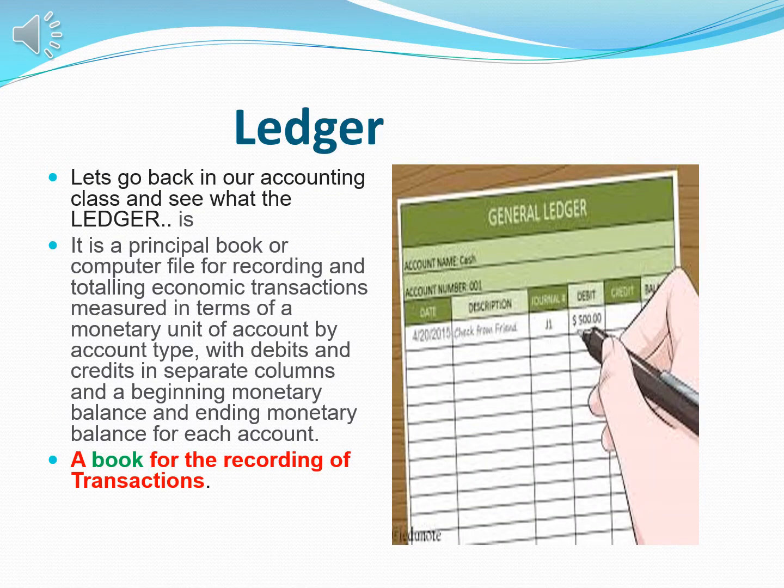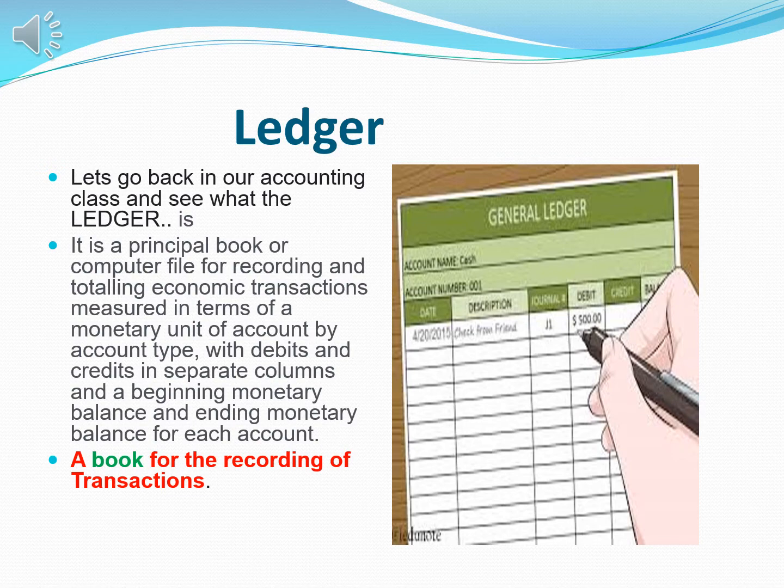As we talk about distributed ledgers, let's see what a ledger is. For this we have to go back and remember our accounting class. It is a principal book or a computer file for recording or totaling economic transactions measured in terms of a monetary unit of account by account types, with debits or credits in separate columns, and a beginning monetary balance and ending monetary balance for each account.